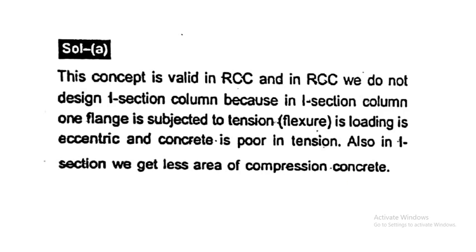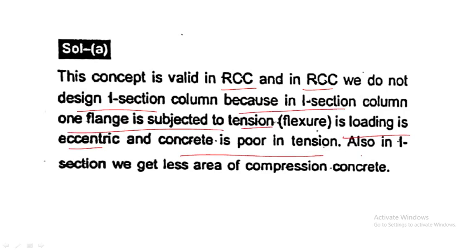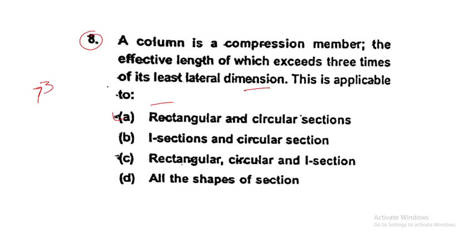This concept is valid for RCC. We do not design the I section column because in I section column one flange is subjected to tension, flexure and eccentric loading, and concrete is poor in tension. Also in I section we get less area of compression concrete. Okay. So the answer for this question is rectangular or circular section. We always prefer column to be rectangular or circular, not other than that.